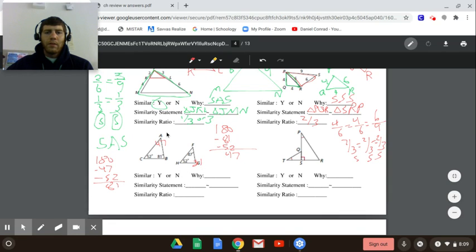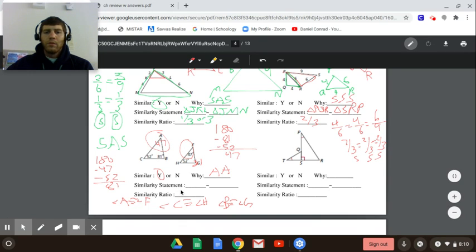So here we have angle A and angle F are congruent. We have angle C is congruent to angle H. And then we have angle B is congruent to angle G. Right, so we're going to say yes by angle, right?